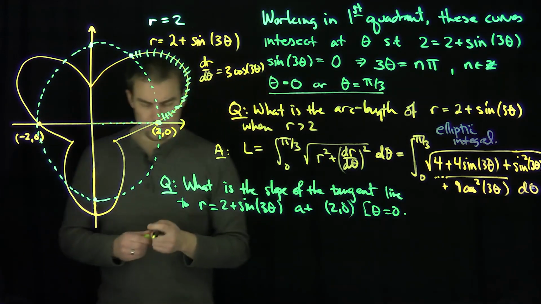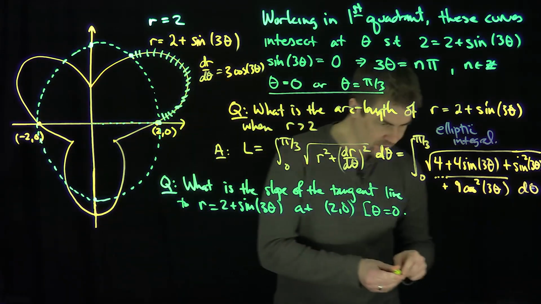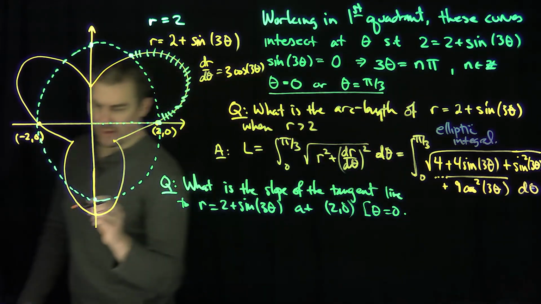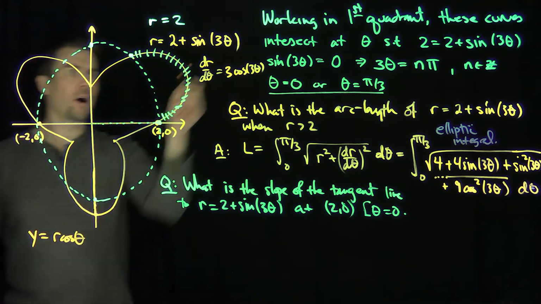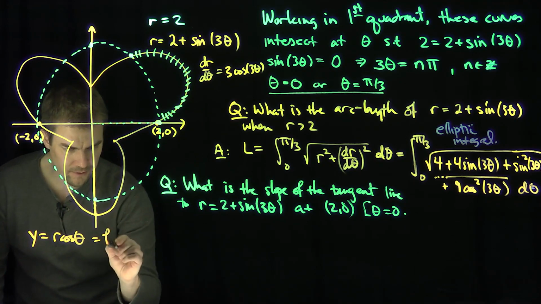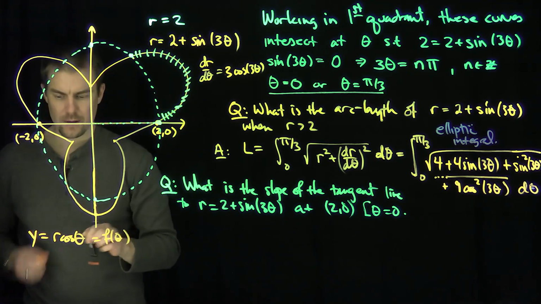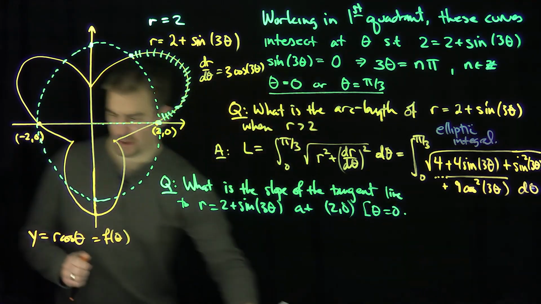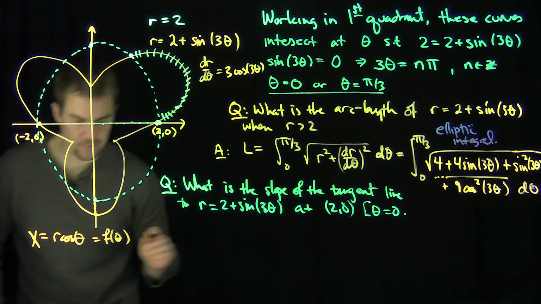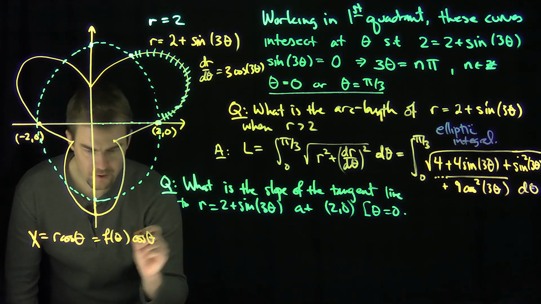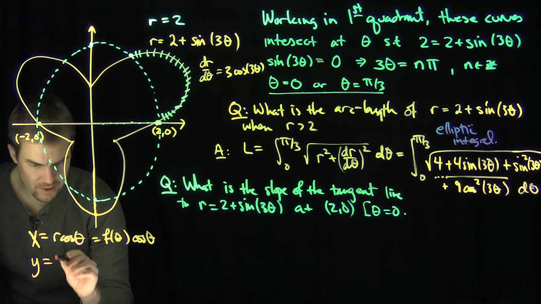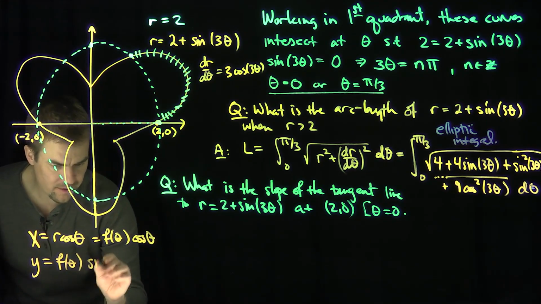Remember how this works. Since r is a function of theta, f of theta, x is r cosine theta, that's f of theta times cosine theta. And y is going to be f of theta sine theta.